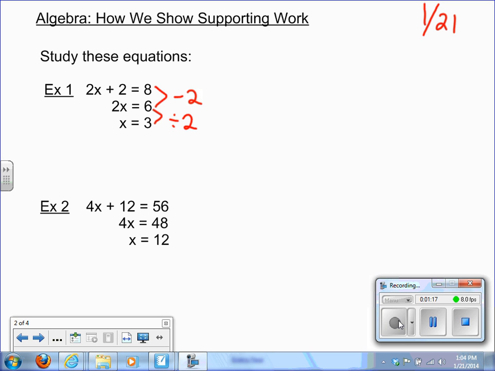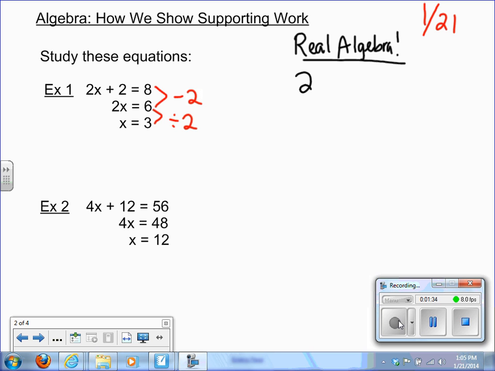Now, that's great, but let me show you how we do this in algebra. So on this side over here, we're going to write real algebra. It's like Pinocchio becoming a real boy.